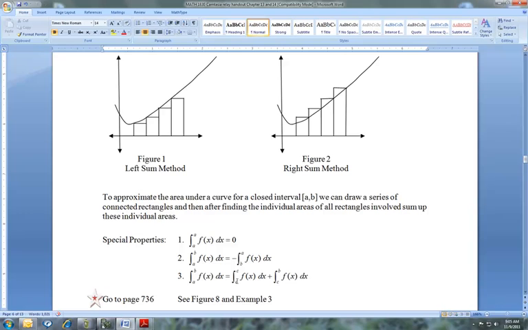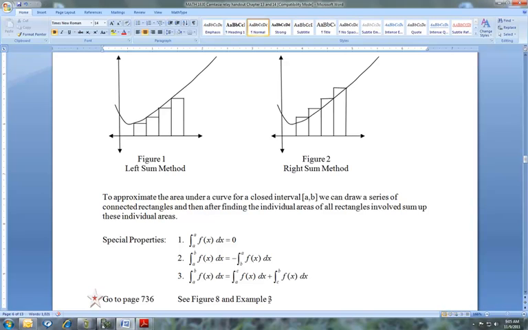I'm going from A to C of this function, add on from C to B of the same function, and I will get that total area that they initially wanted from A to B. I do need you to go to page 736 and look at figure 8 and also example 3.